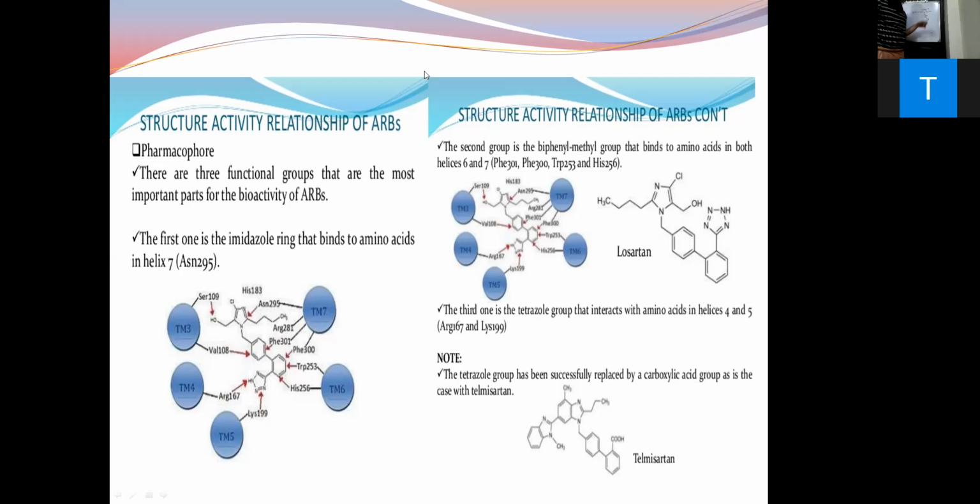And at the ortho position of that, it contains a tetrazole. So this is your structure of losartan.